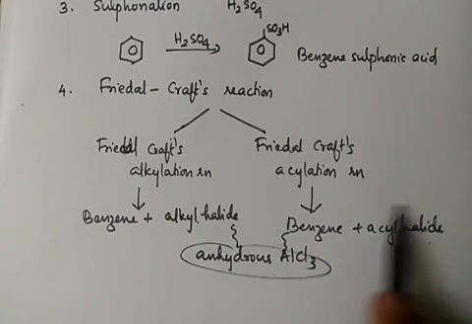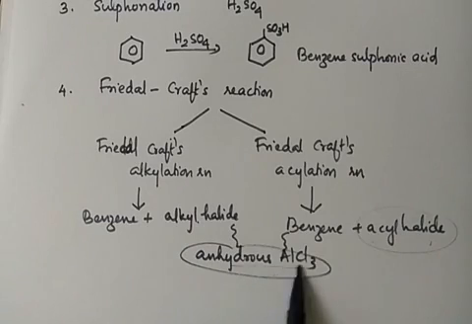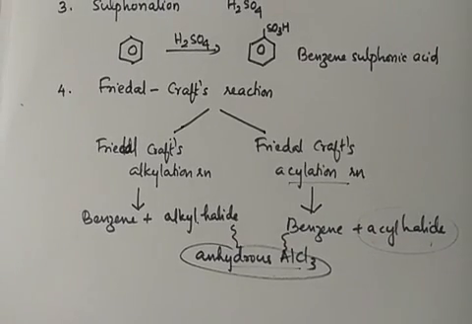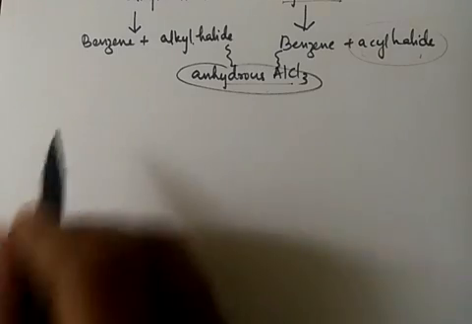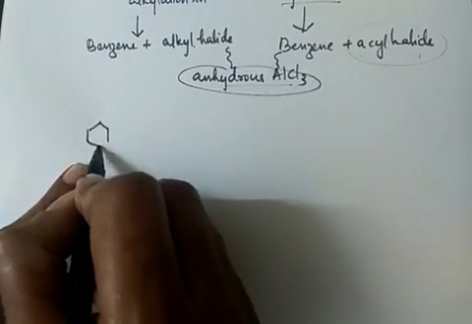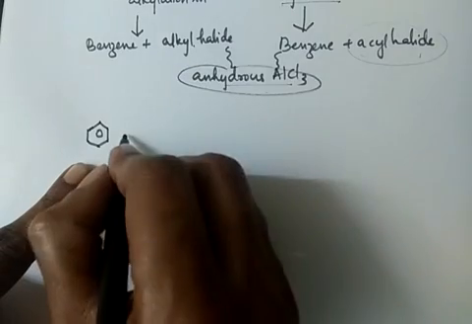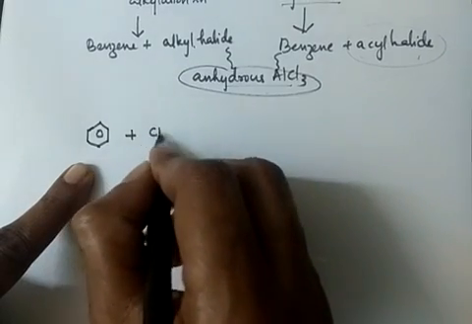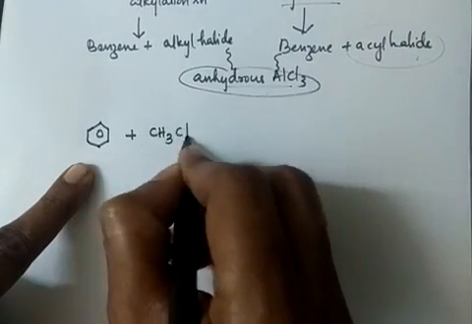When benzene reacts with an acyl halide in presence of anhydrous aluminium chloride, the reaction is called acylation reaction. So let's see the reactions. First, the alkylation reaction. Benzene reacts with an alkyl halide, for example, methyl chloride or chloromethane.